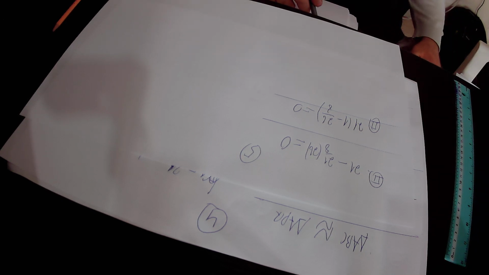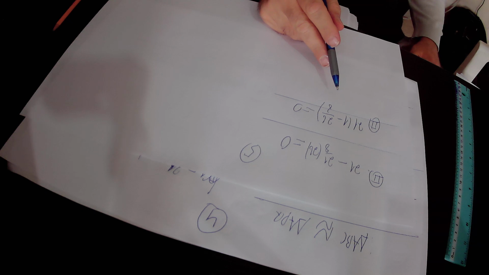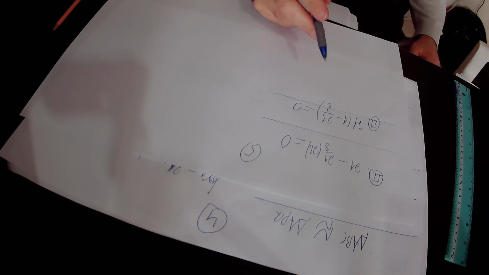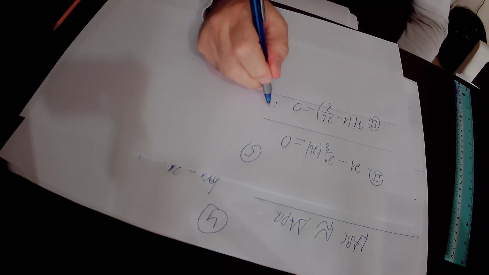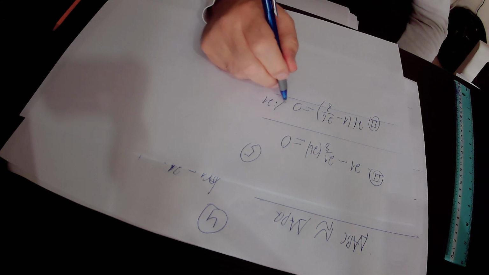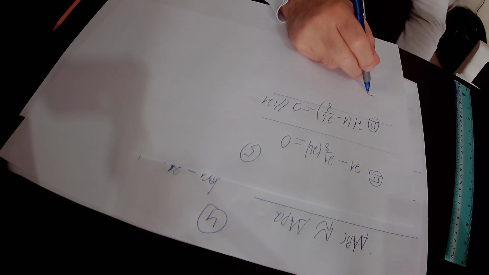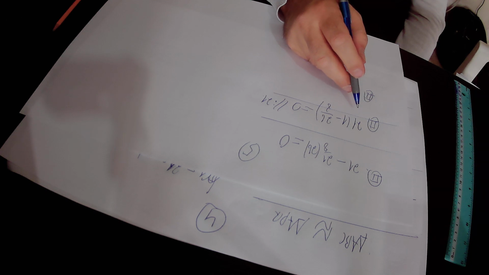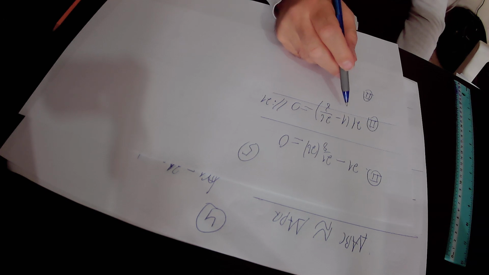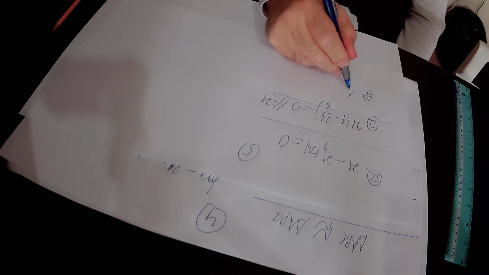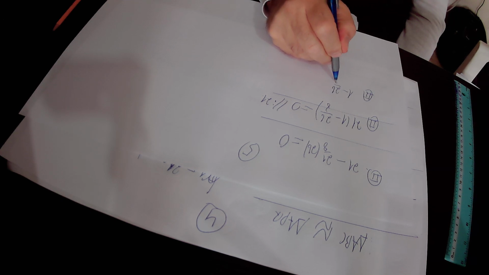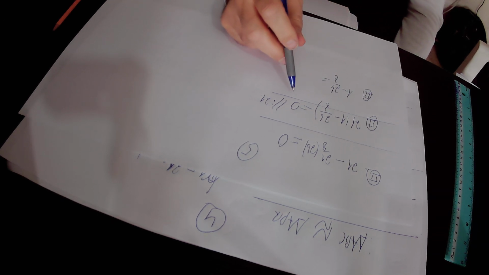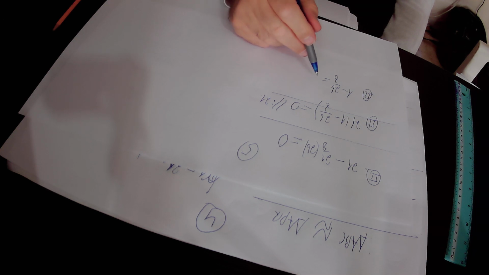So we found out that according to equation 2, 21 times 1 minus 2b over 8 equals 0. Here we divide this equation 2 by 21. And you get that 21 over 21 is 1. So on this side of the equation we are left only with 1 minus 2b over 8, and it equals 0, because 0 over 21 is 0.